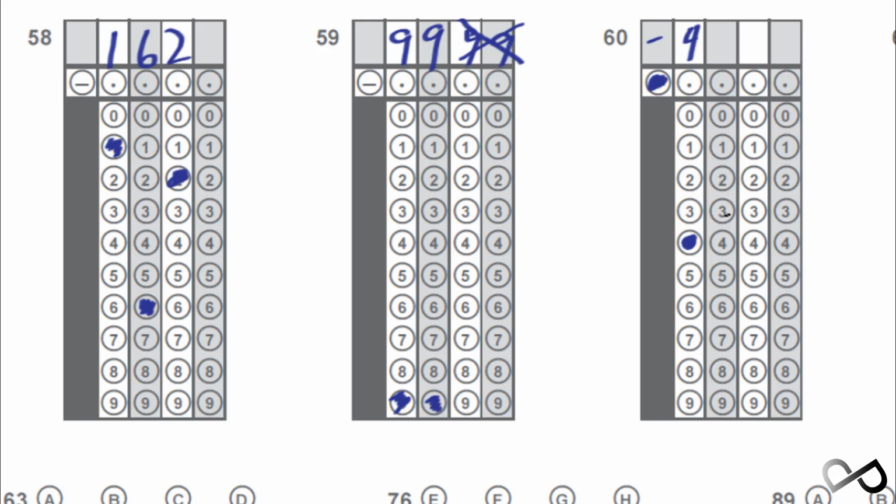We didn't have an answer that involved a decimal, but let me show you how that would look. So let me erase this, and let's say our answer was 0.23. The way you would do that, again, is you would start from the left, you write 0.23, and then bubble in 0.23.